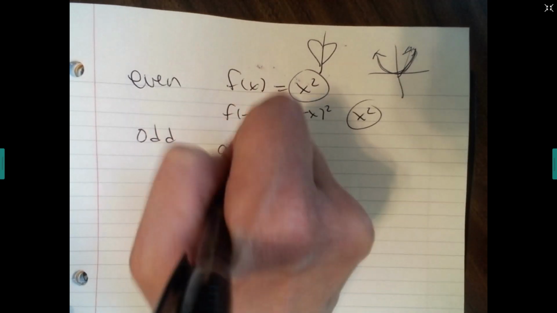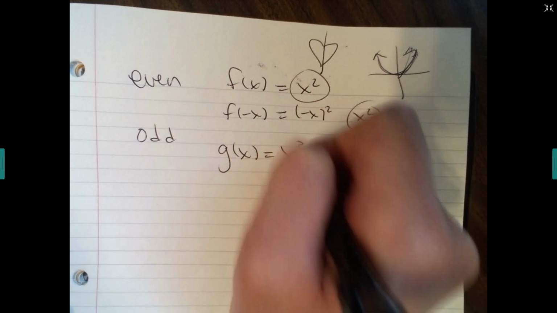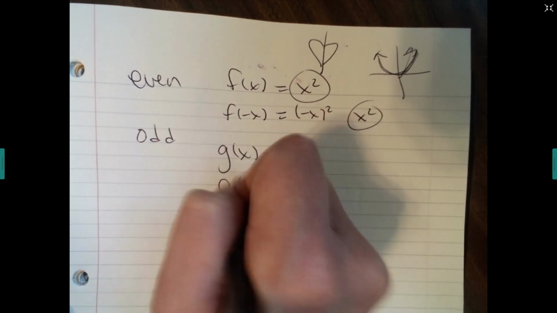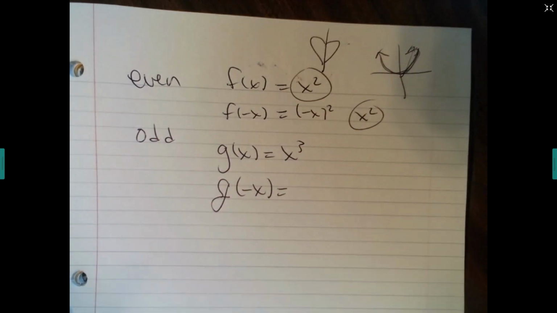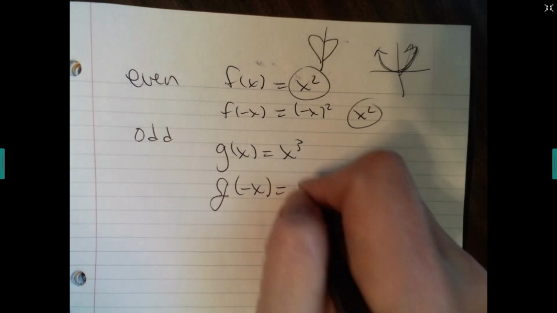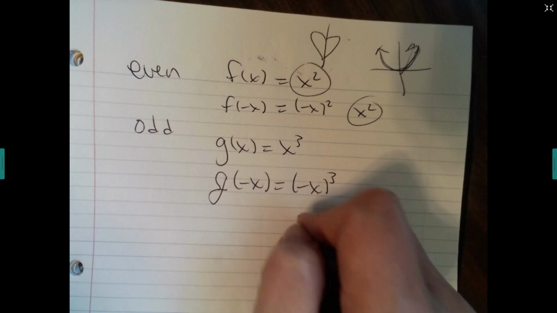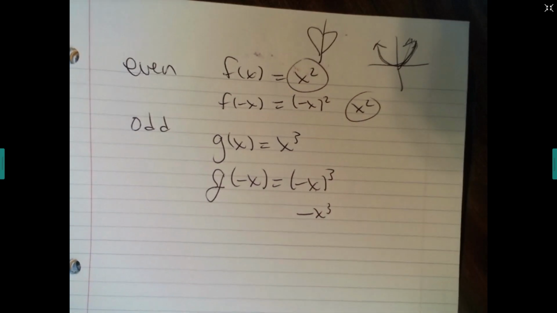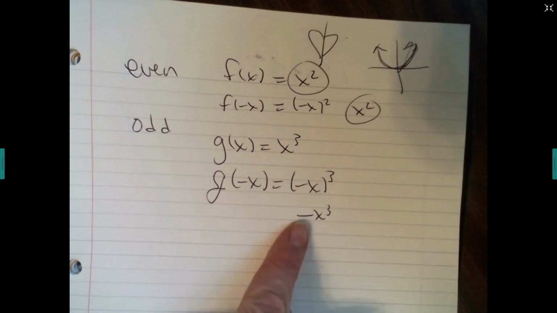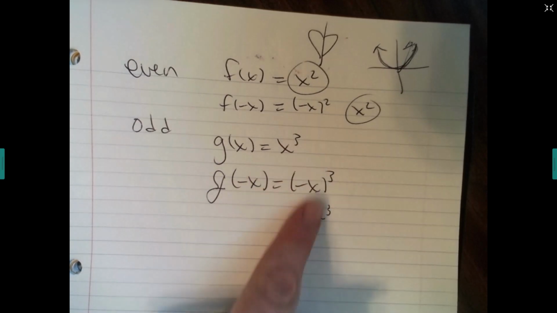An odd function, still going to sub in the opposite because you want to see what happens when you sub in the negative. So I'm going to put that in there. A negative times a negative times a negative is a negative. And notice here it equals the opposite, which is great. It's the opposite of the original. It's not the same. It's the opposite.